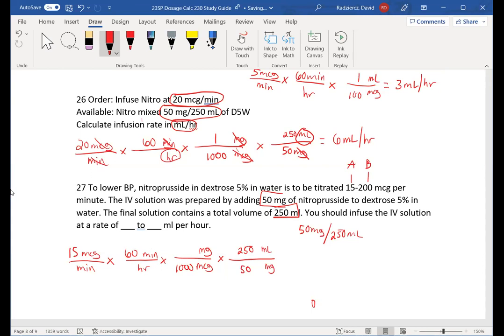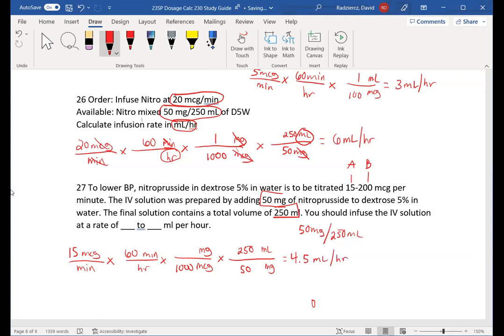And I'm going to get the bottom, or the starting point of my range. So 15 times 60 times 250, and then divided by 1,000, and then divided by 50. And I'm going to get 4.5 milliliters per hour.